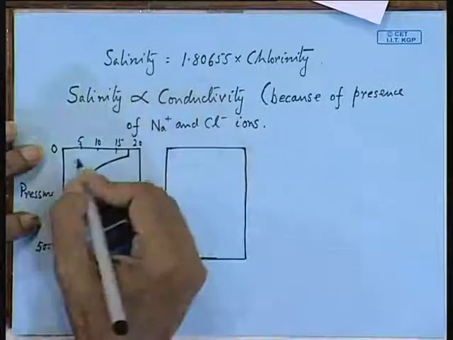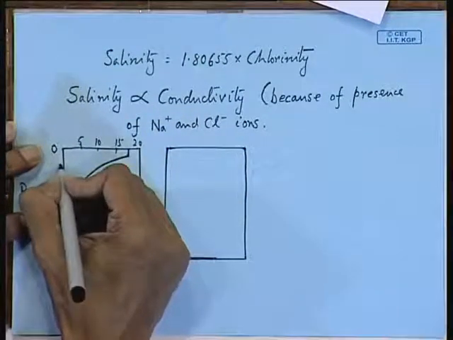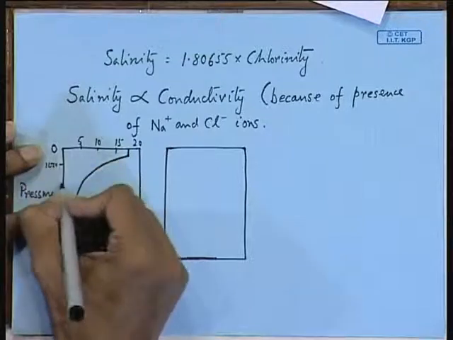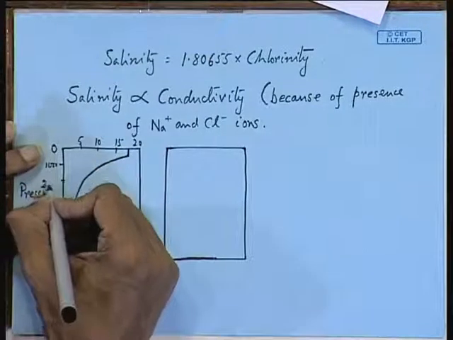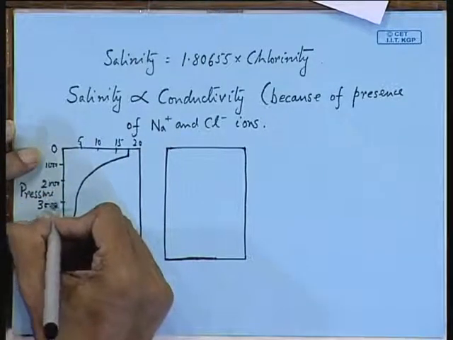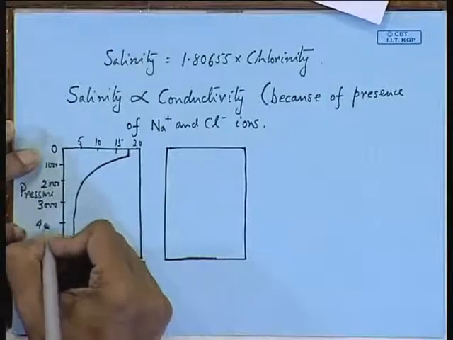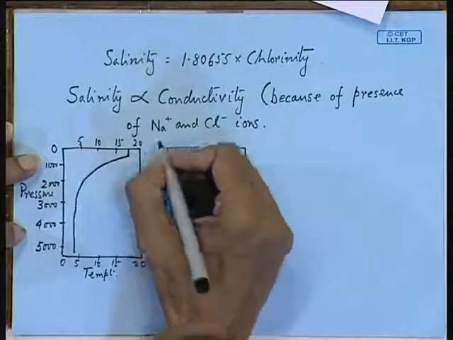So pressure variation is, this is 1000, this is 2000, say 3000 will come somewhere here, 4000 and 5000. Same scale you take as pressure variation.